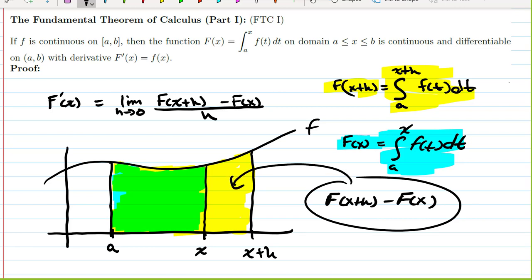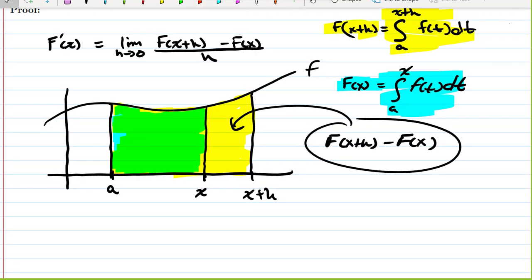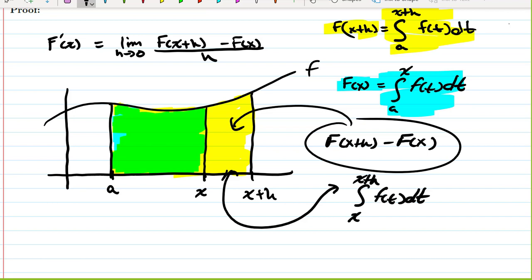So if I were to rewrite just the part that's in yellow there as an integral, what would I get? Well, my lower limit of integration would be x, and my upper limit would be x plus h: the integral from x to x plus h of f of t dt.